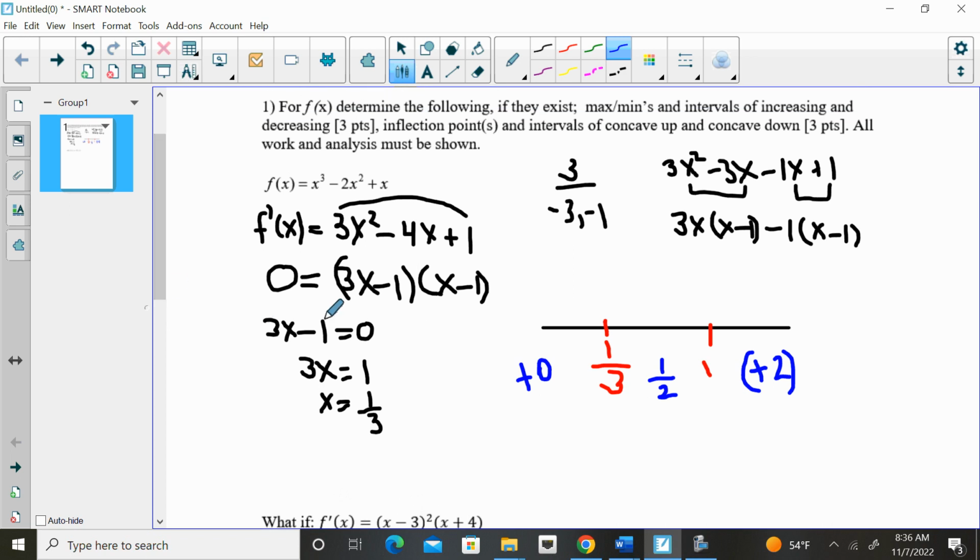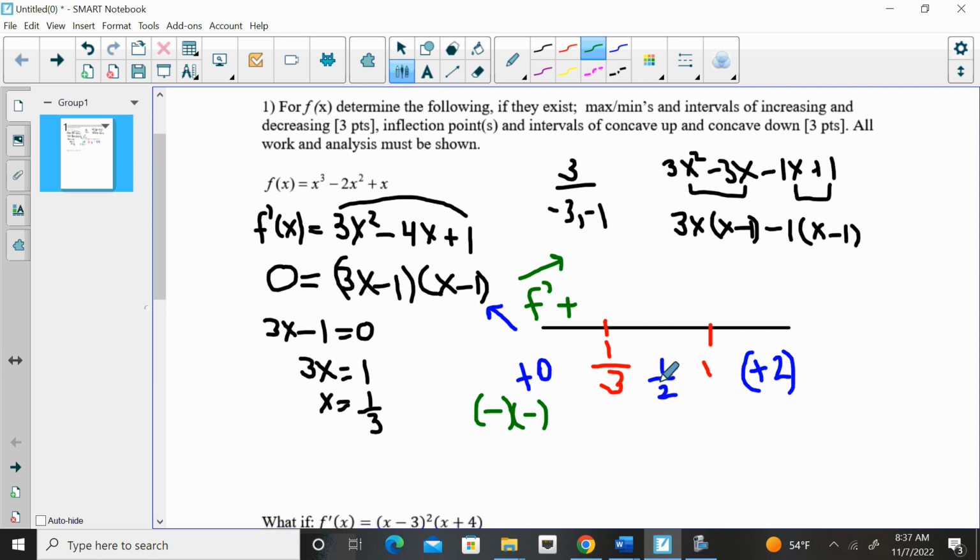I expect you to have some just basic fraction skills here. So I go to test, and you always want to look to the factored form. If I plugged in 0 here, I'd get 0 minus 1, which is a negative. And 0 minus 1 again is a negative. So I get that the first derivative is positive, telling me that my function is increasing.